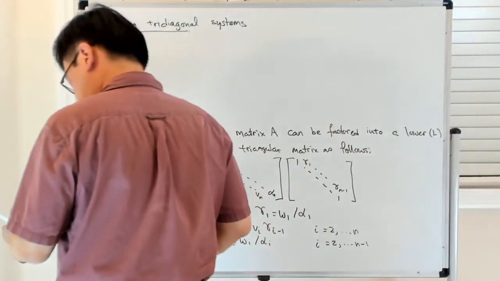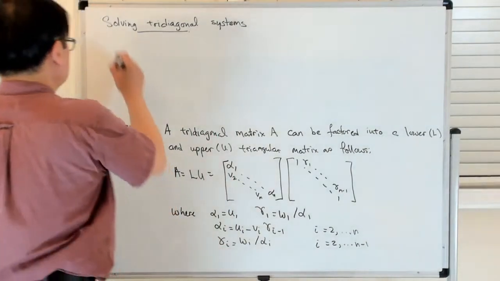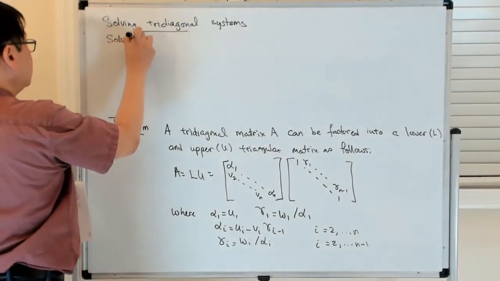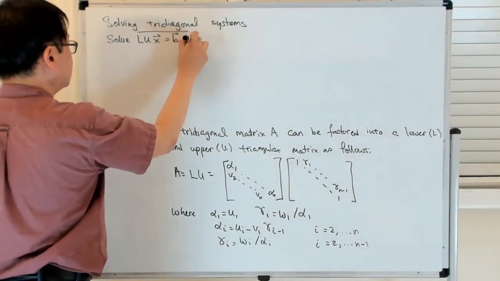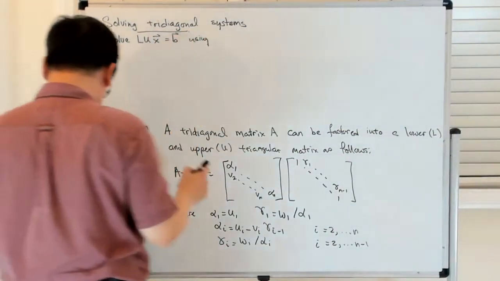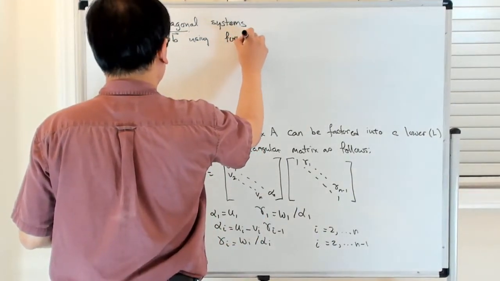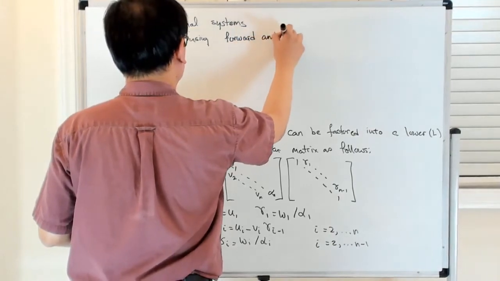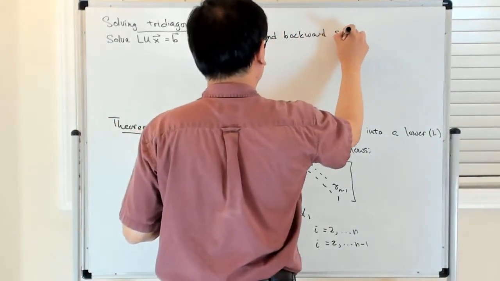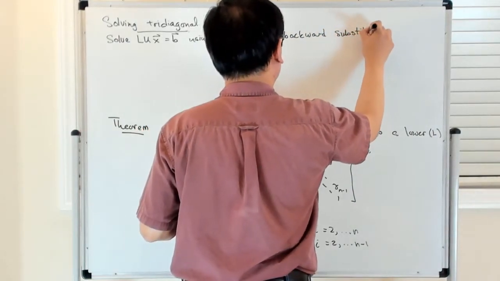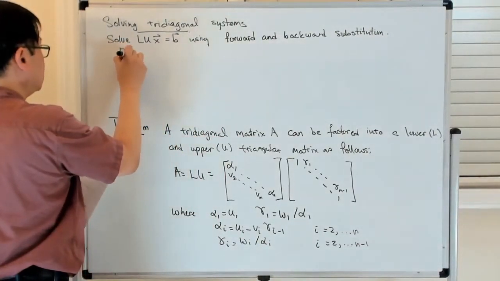All right. So actually, let me just write that down. So you can solve LUx equals b using forward and backward substitution, right? Okay, and so let's look at the forward part.